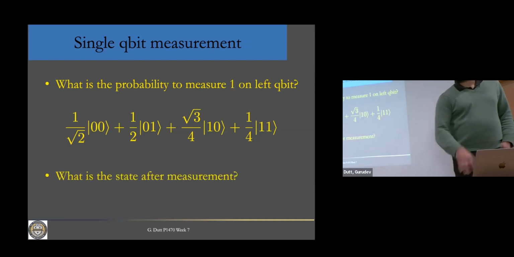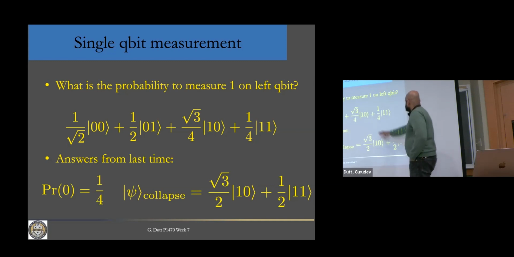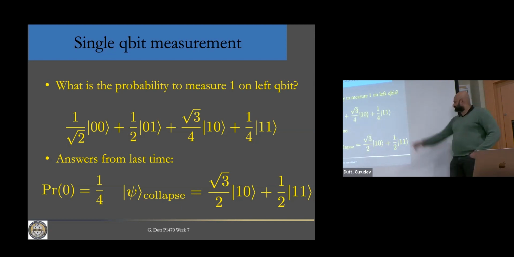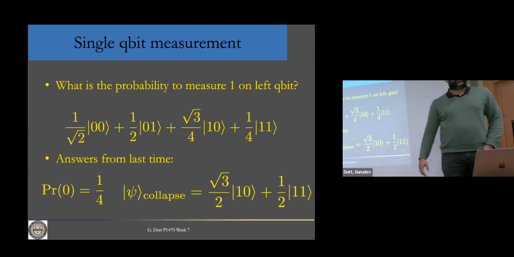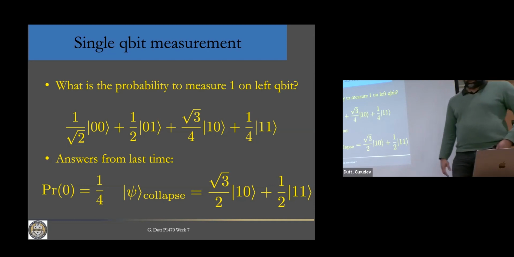If we have the state 1, then the only possibilities are these two states, which give you a result of 1 on the left qubit. The probability is 1/4, and this is the new state that results when we collapse, meaning after we observe the left qubit, this will be the state of the right qubit.